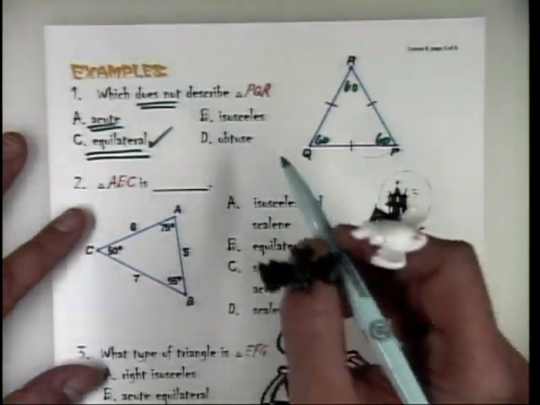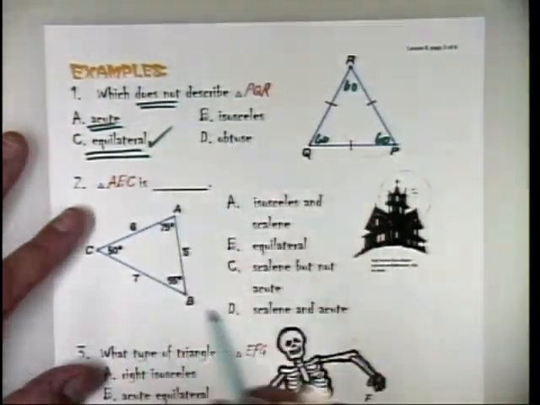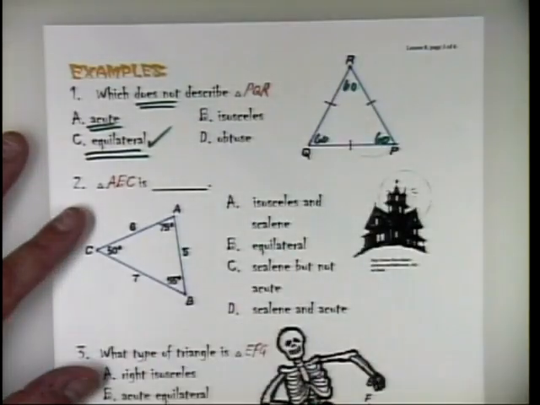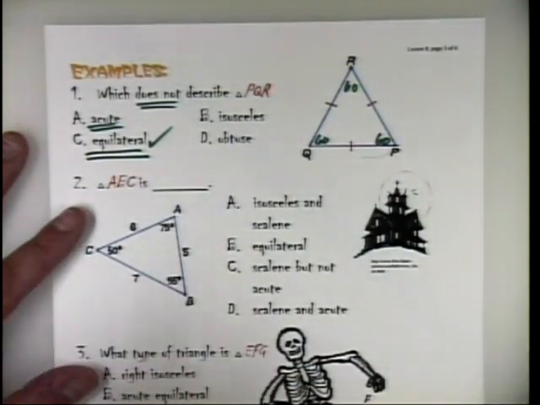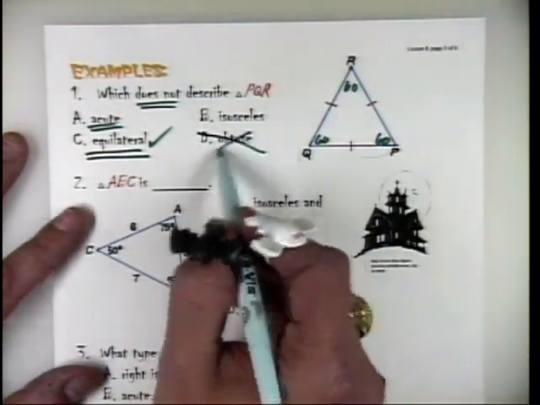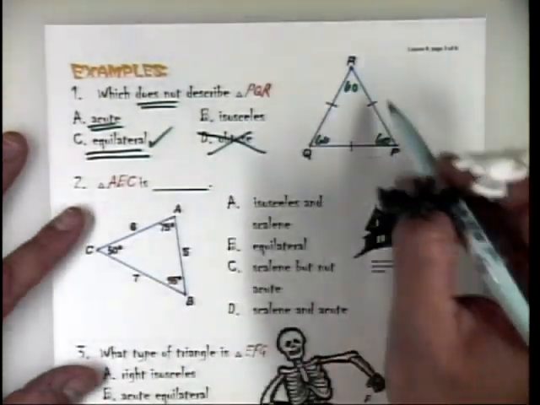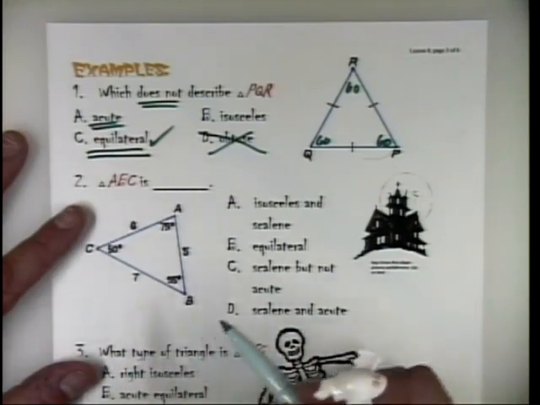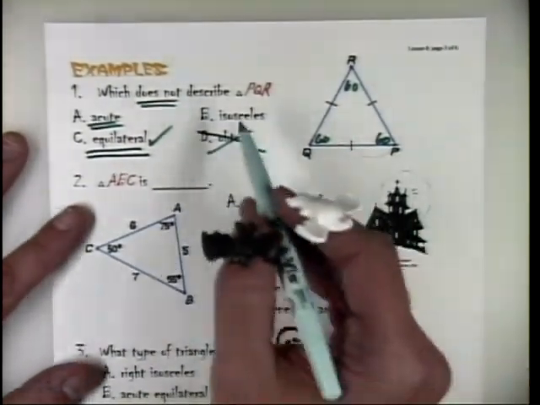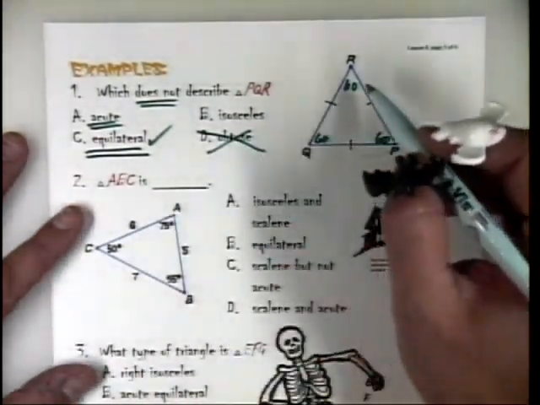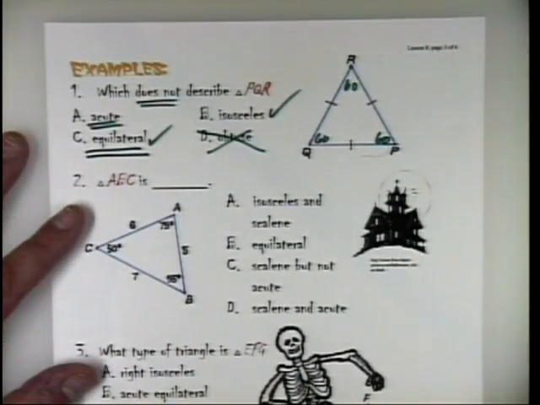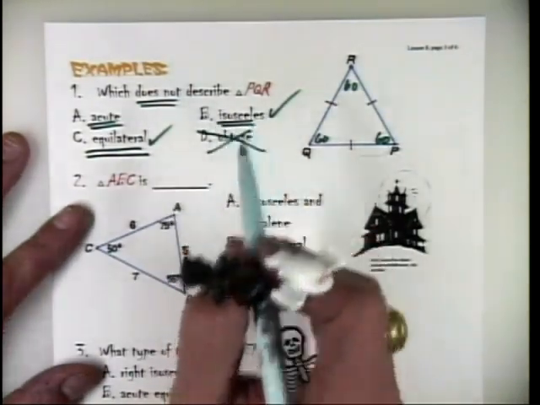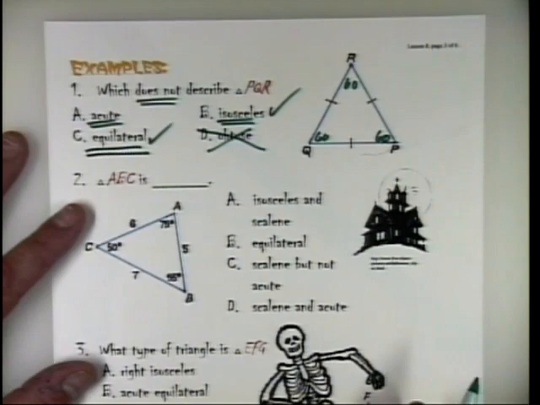Well, there's no way that this can be an obtuse triangle because there's not a single angle bigger than 90. They're all less than 90. So that does not describe our triangle right here. Now, is it isosceles? Well, that's what I just talked about when I excited the monster. An isosceles triangle, yes it is, because it's equilateral, remember? And every equilateral triangle is also an isosceles triangle.